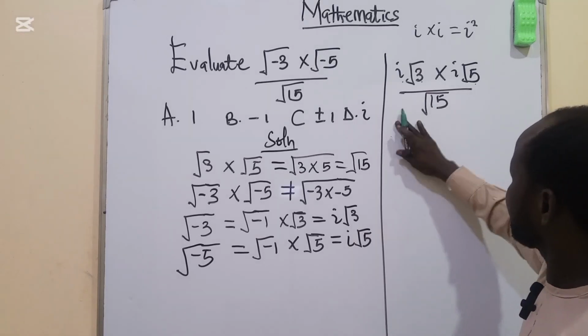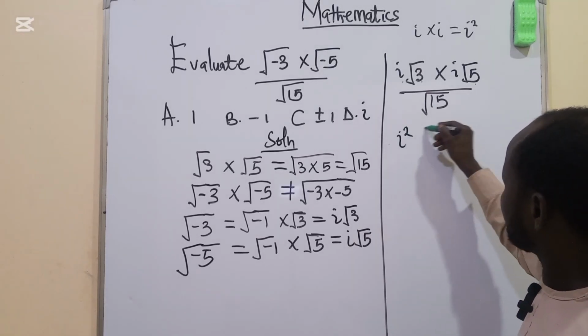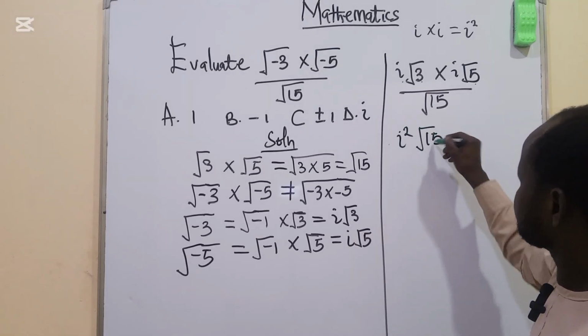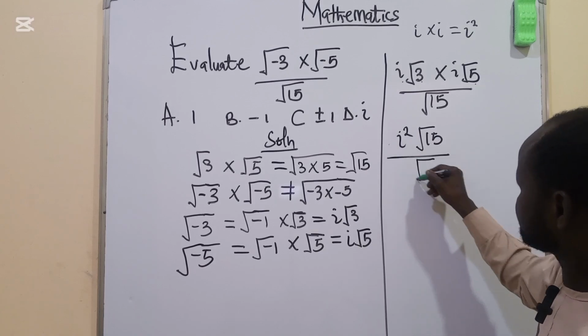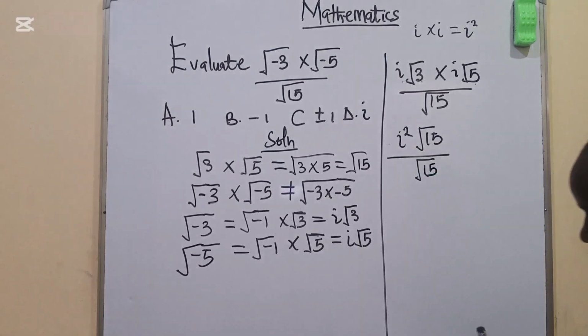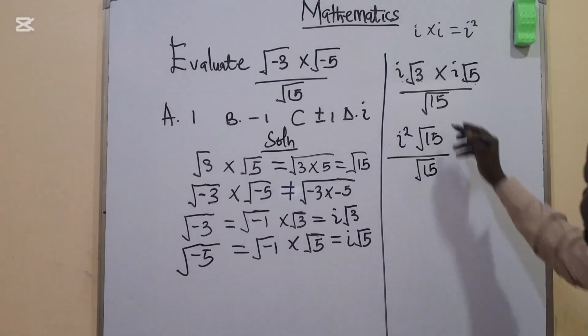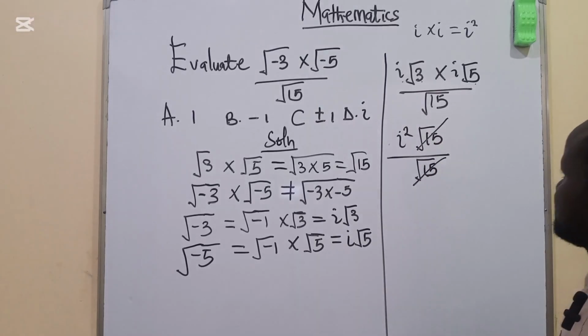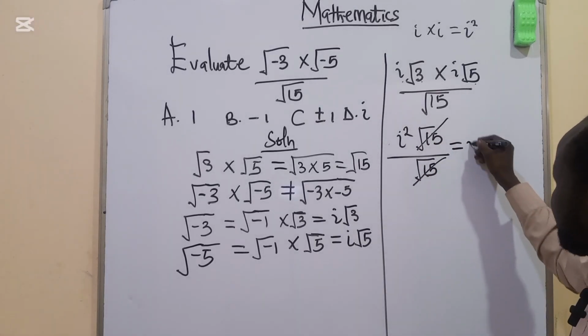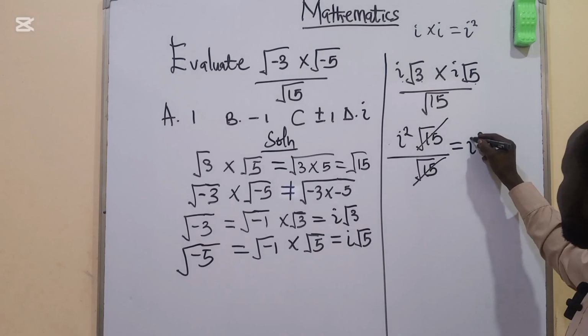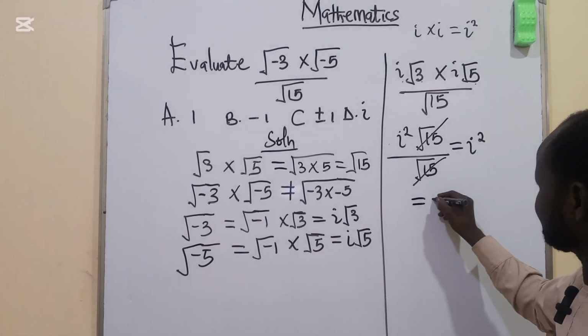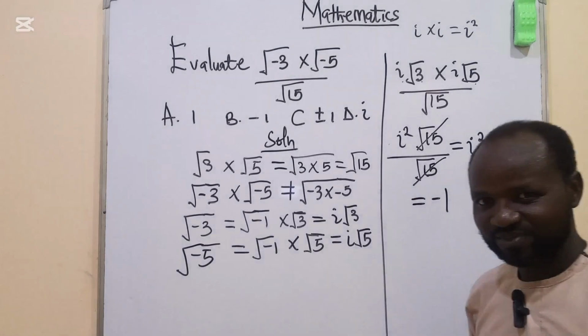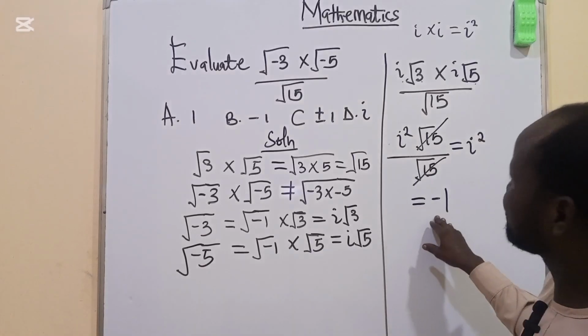So we have i squared multiplied by root 15 divided by root 15. At this point, we can divide root 15 by root 15. That will be 1. We are left with i squared. i squared is the same thing as minus 1. So the solution to this question is minus 1.